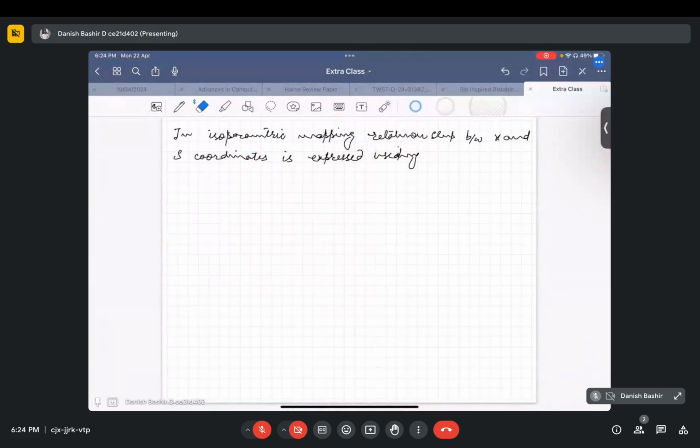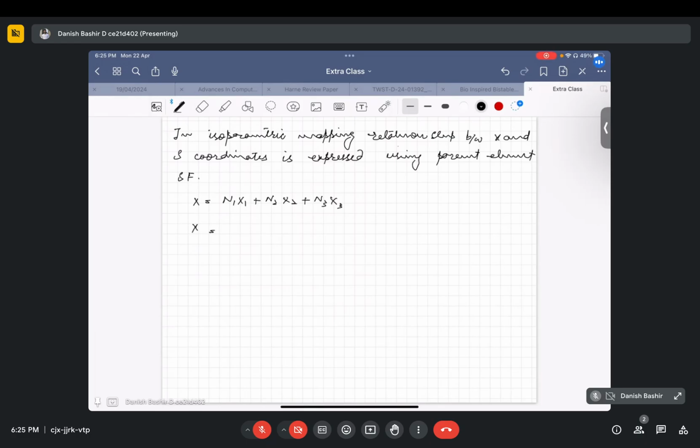It's very important to note here. So we can write x is equal to N1 times x1 plus N2 times x2 plus N3 times x3, where N are functions of s only.